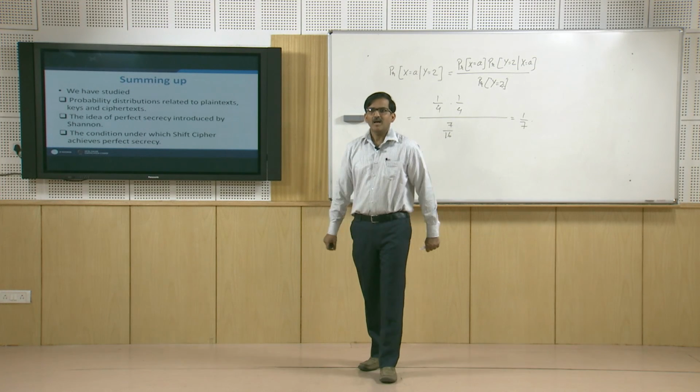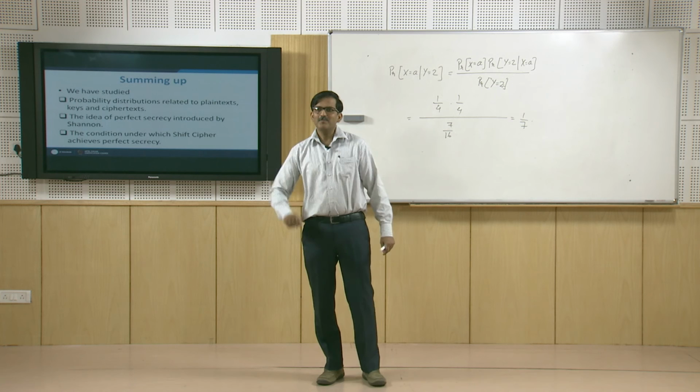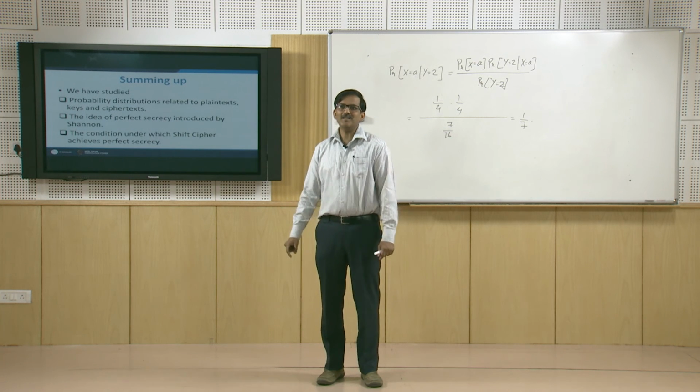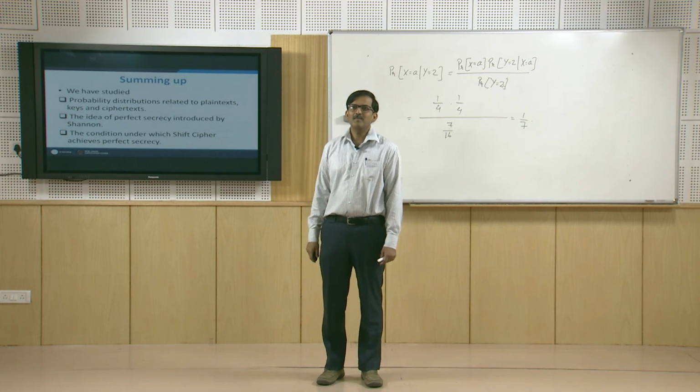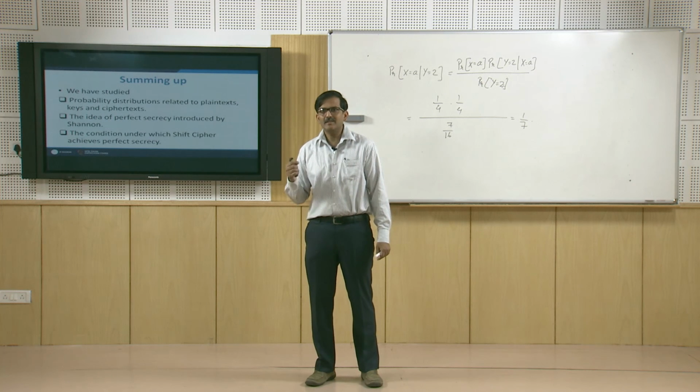And now I go back to the last slide of my previous lecture, where I said do not underestimate classical ciphers. Shift cipher is the first cipher that we study.